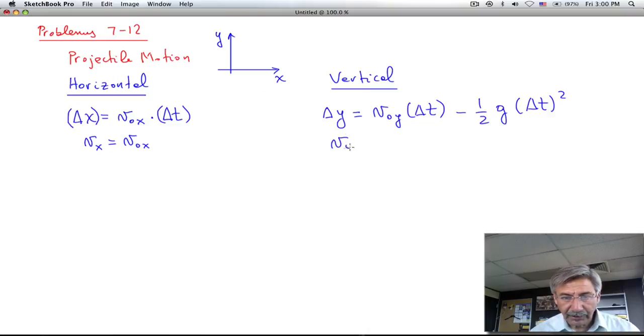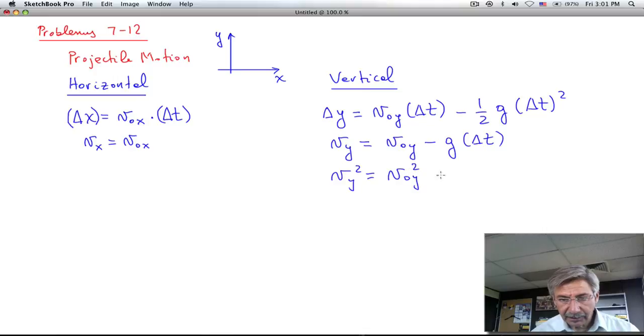The component of the vertical velocity at any time is given by this equation. And you also have the equation that doesn't contain time, which is this equation over here.